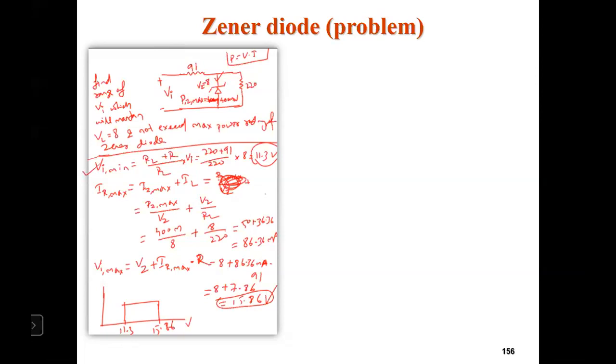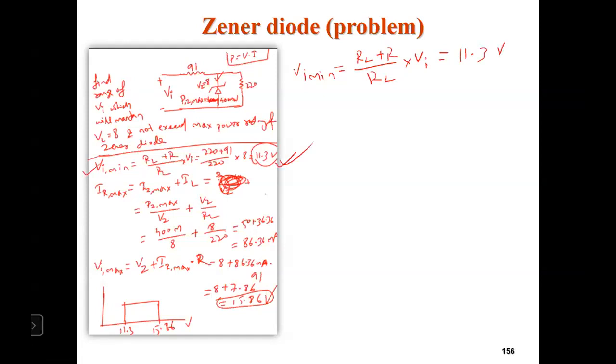First, VI minimum. The same formula is applied: VI min equals (RL plus R) by RL into VI. Putting all these values, the first line I'm talking about, you can get 11.3 volt.